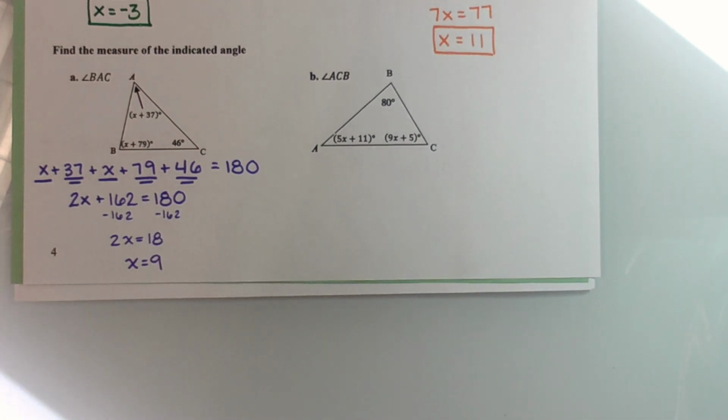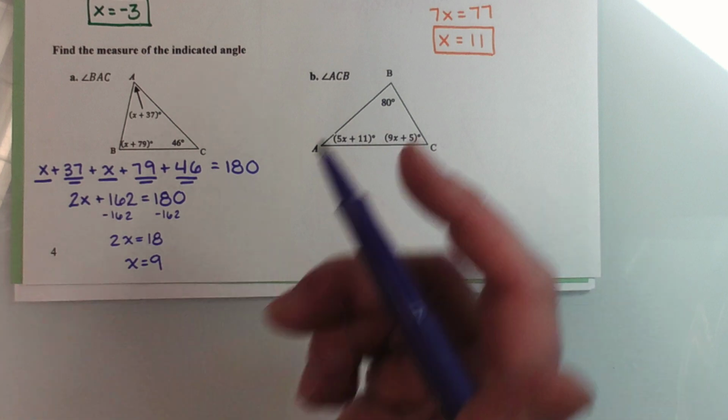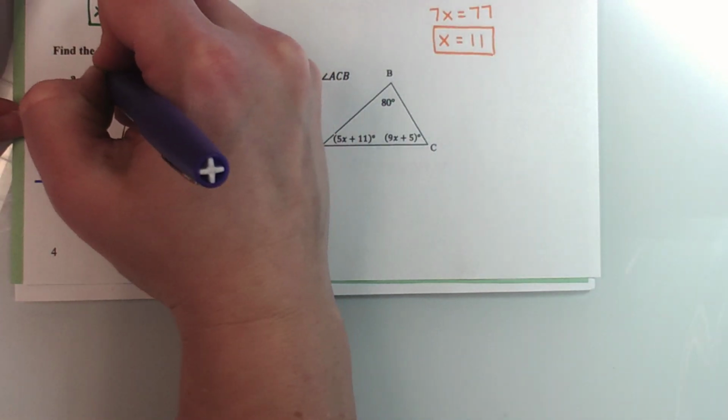But remember, is that our final answer? No, I gotta plug it back in. Which angle is angle BAC? X plus 37. Remember, the middle letter is the vertex.